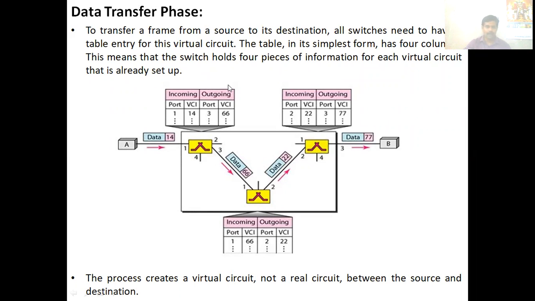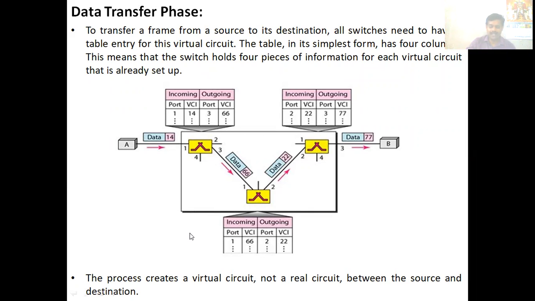The columns are port and VCI: incoming port, incoming VCI, outgoing port and outgoing VCI. By the help of this table, it will correctly transfer the information to the destination.